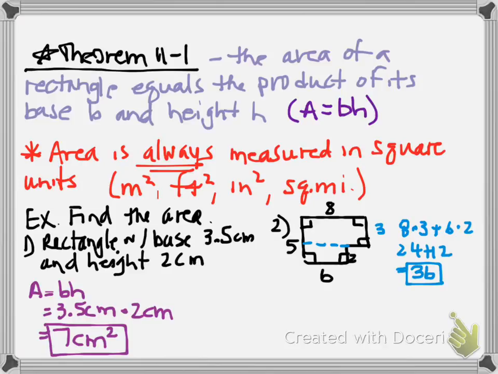Now, I want to share with you another way that people don't often think about. So I'm going to erase the marks in my diagram. This is called area model by subtraction. Okay. What if we created one big rectangle by doing this?